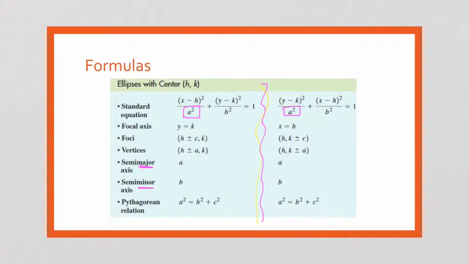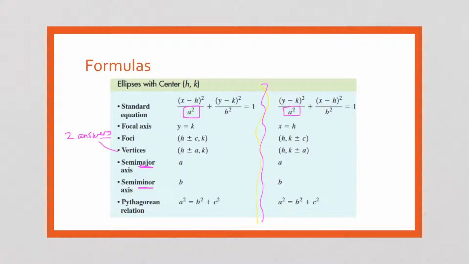But just like with parabolas, we have this list of how to find all of these important values. Focal axis, y equals k, so that is a line. The foci, I have two now. I have h plus or minus c. You see this plus or minus, because I have two answers. And you might want to make a note of that. Two answers.